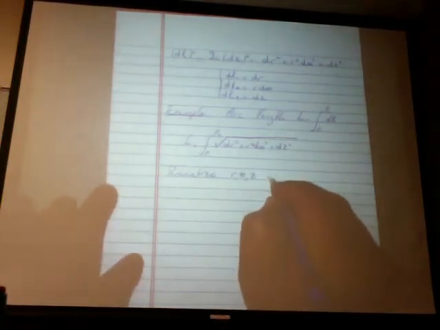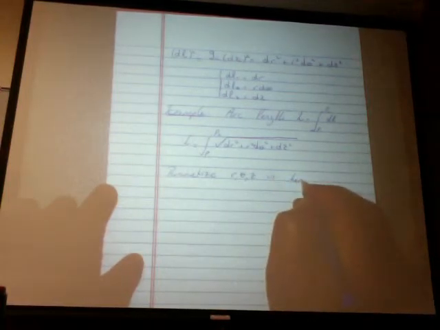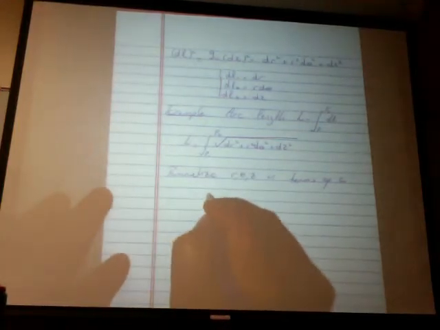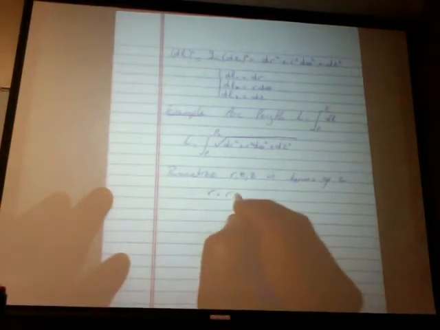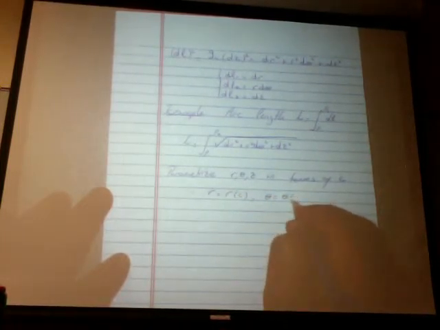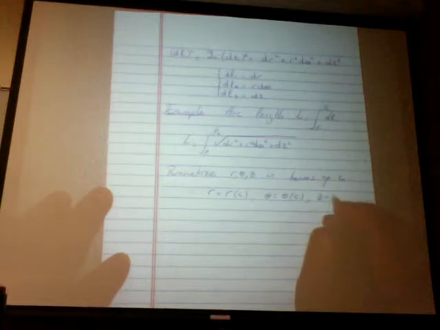So we have the relationships of, let's say, a parameter c, such that r is equal to r of c, theta is equal to theta of c, and z is equal to z of c. So we have the parametric equations of a curve in the r, theta, and z dimensions.